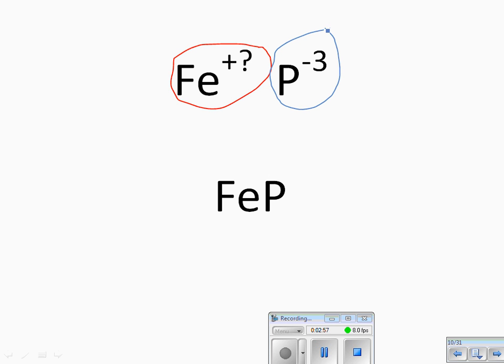If it's a 1-to-1 ratio, these charges must zero out. So we already know we've got negative 3. We need to know what the positive charge is, so it would equal 0. Okay, well, we know plus 3 minus 3 will give us 0. So iron must have a plus 3 charge.